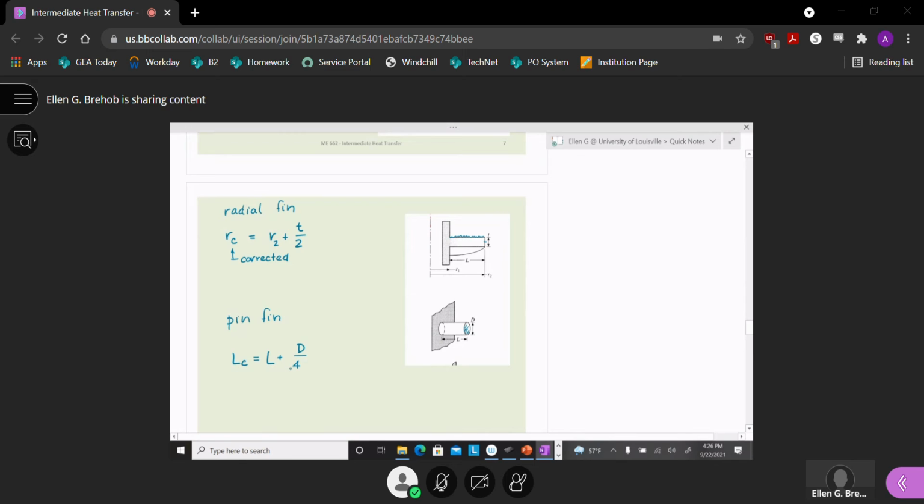And just to try this out, this is diameter over 4. If we used our general rule that it's cross-sectional area over perimeter, cross-sectional area would be pi r squared for that little face that I colored blue. And the perimeter would be pi diameter, or 2 pi r. So r over 2, or I would get D over 4 for a corrected length.